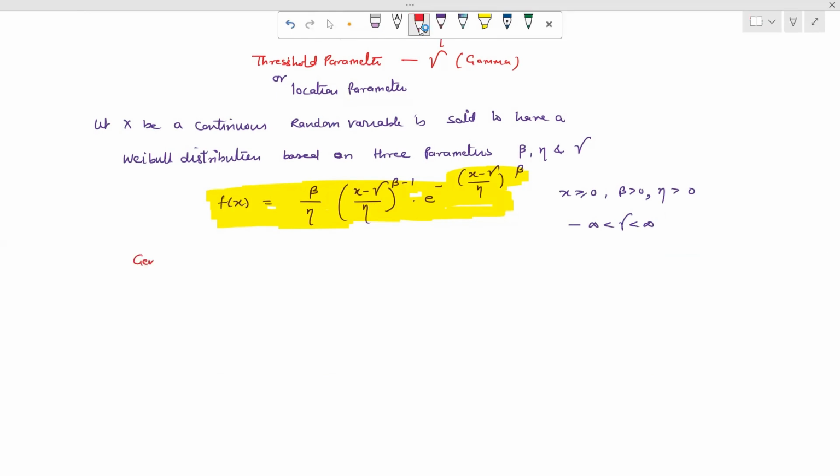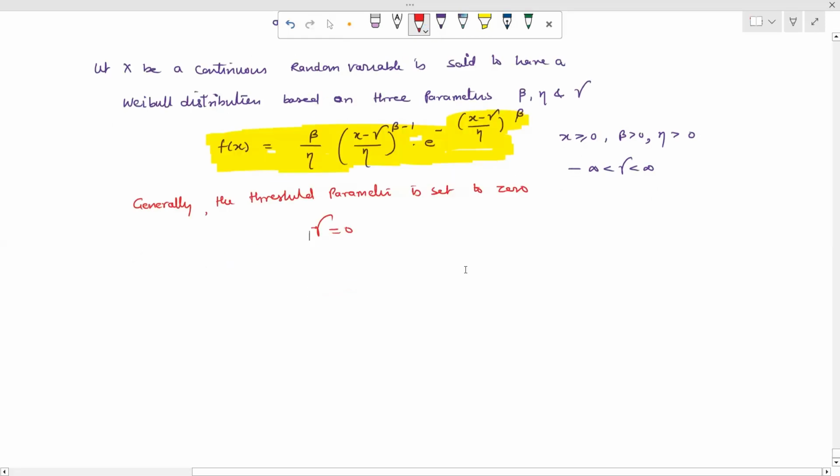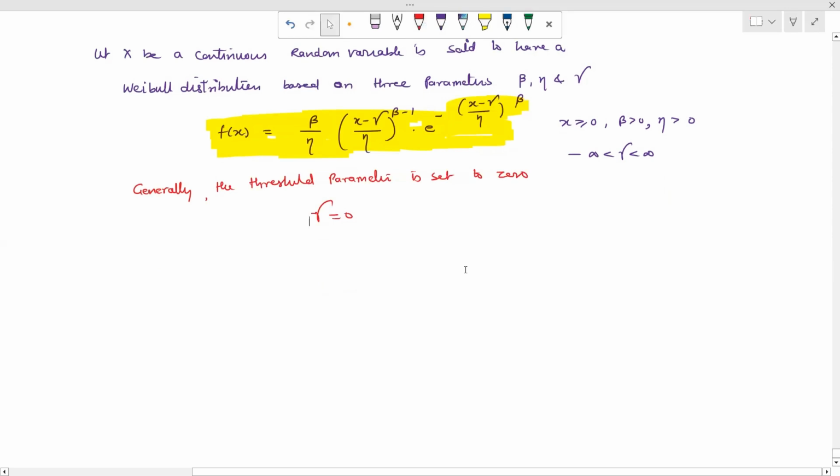Generally, we do not consider the threshold parameter. That means the threshold parameter is set to 0, we take gamma equal to 0. So when we take gamma equal to 0, this Weibull distribution converts into two parameters.